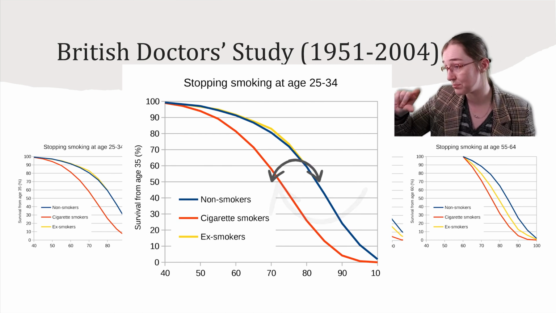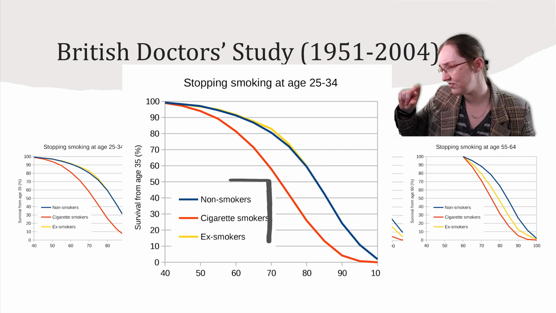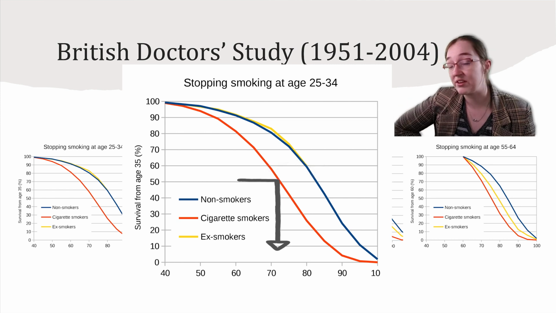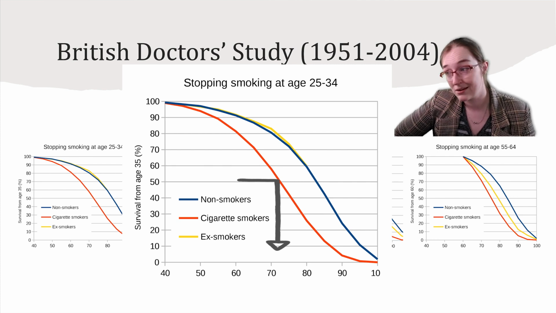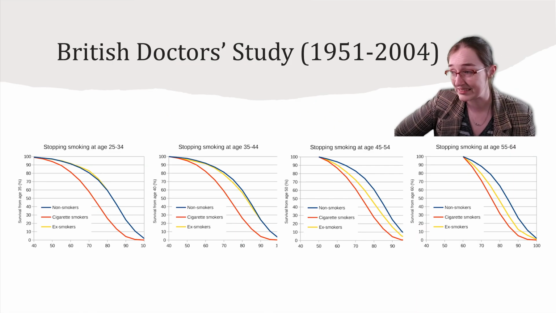So you can see there's a big gap in likelihood of survival. If we look at that 50% point, only 50% of smokers live to the age of 70, versus 50% of non-smokers or former smokers who live to the age of 83. That's how you can read this table. Just grab that 50% mark, eyeball it, and see the differences.